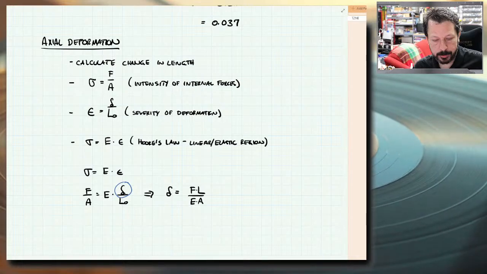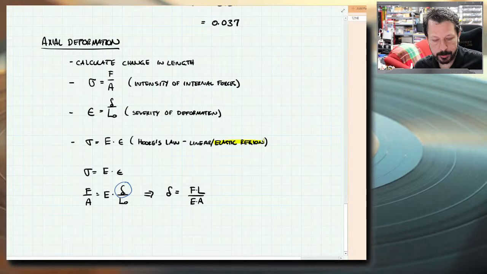So assuming I do know them all, I can calculate how much it will probably change in length, with a couple of exceptions. First of all, it has to be in the elastic region. If I load it up to the point that it exits the elastic region, goes into a plastic deformation state, then this equation starts to break down, right?